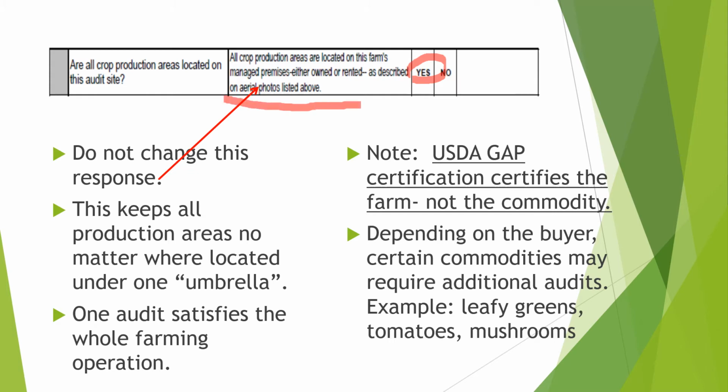Do not change this response. This keeps all the production areas, no matter where they are located, under one umbrella. One audit satisfies the whole farming operation.